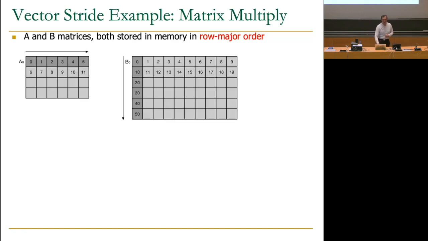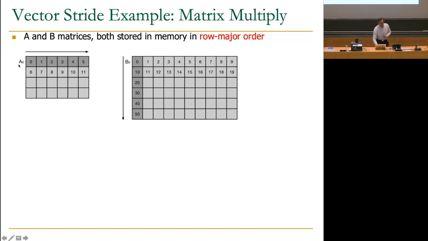So let's take a look at two matrices that we're going to multiply. This is the A matrix. This is the A0 element over here. This is the B matrix. This is the B0 element. They're in row major order. So the first row of A is stored in consecutive locations, as you can see. The first element is in location 0, the next element in location 1, the next element in location 2. These are offsets from the beginning of A, of course.